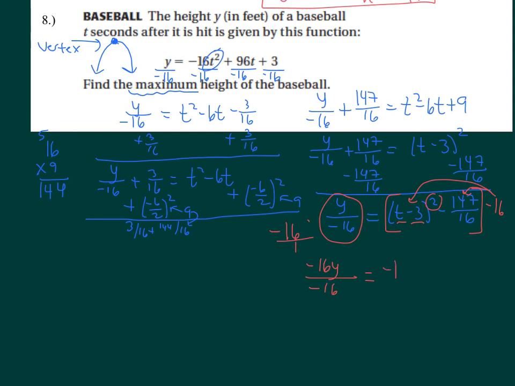So I just put it out front and say negative 16 times t minus 3 quantity squared. On the right, I'd have 147 times negative 16 divided by 16. So my negative 16s divide out here, leaving me with y equals negative 16 times t minus 3 squared. Again, the 16s divide out, and the two negatives would cancel. So I'll have plus 147.